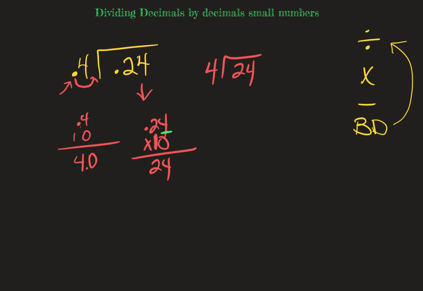Ooh, OCD there. 240. And in my problem, I can see I have 2 decimal places. So I will place my decimal right here. My new problem is not going to be 24 divided by 4. It's going to be 2.4 divided by 4.